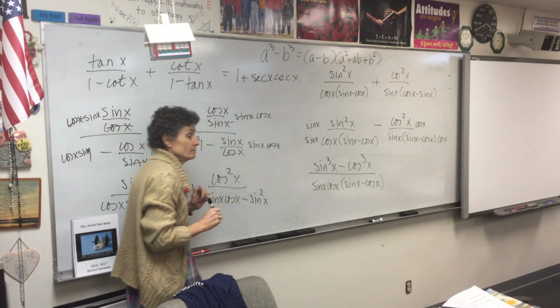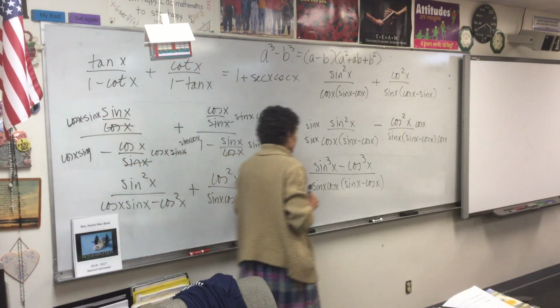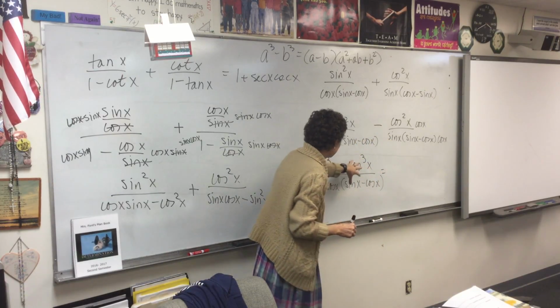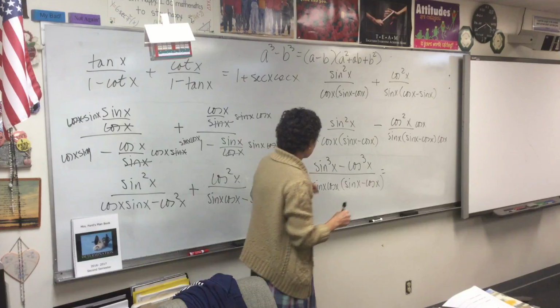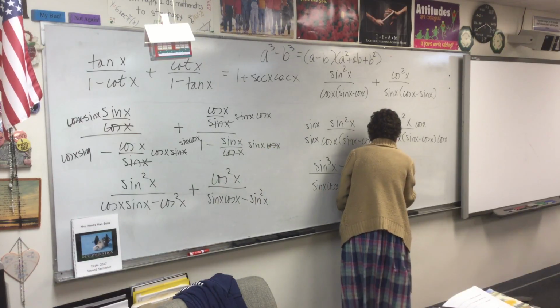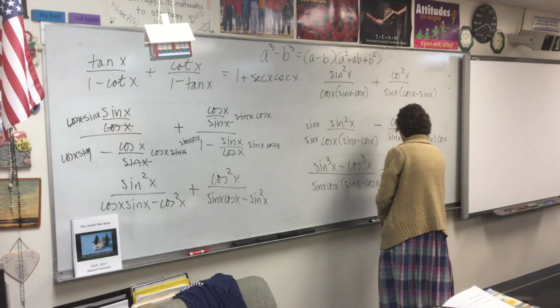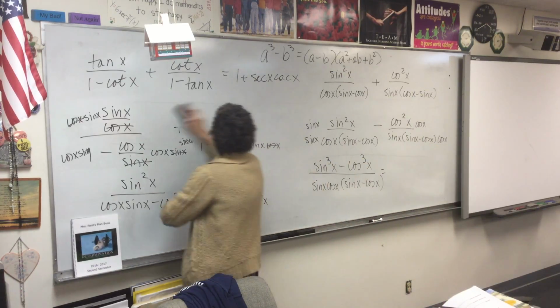Wow is right. Gotta remember stuff. So my A and my B are sine and cosine. So I'm gonna have sine minus cosine, running out of room, let me do it over here.